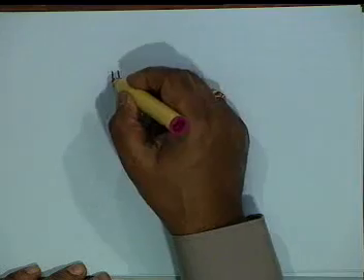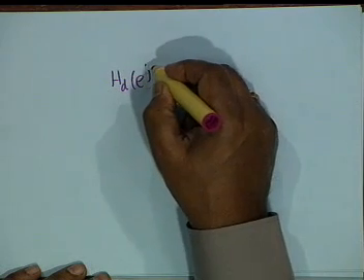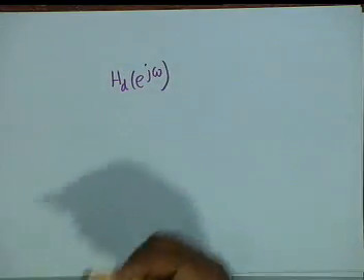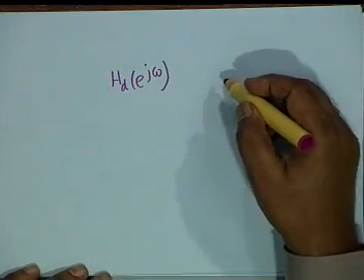So, the philosophy of windowing is that given the required transfer function H d of e to the j omega, if you want to design a low pass filter, then the desired frequency response, since you cannot design the filter analytically completely, therefore, there is no point in starting from what is given.